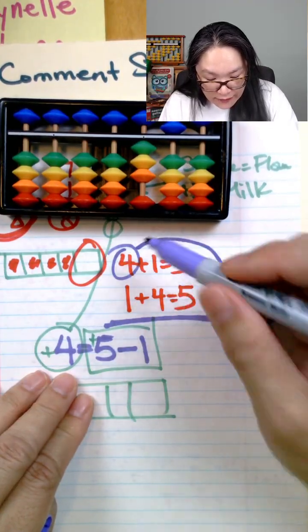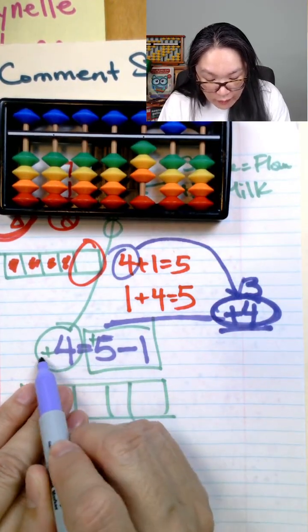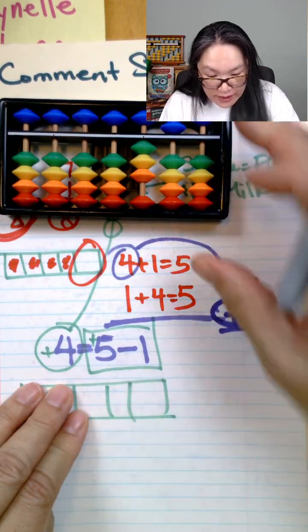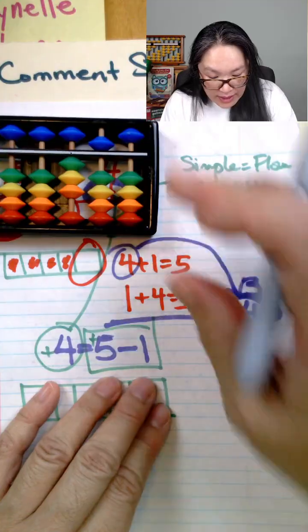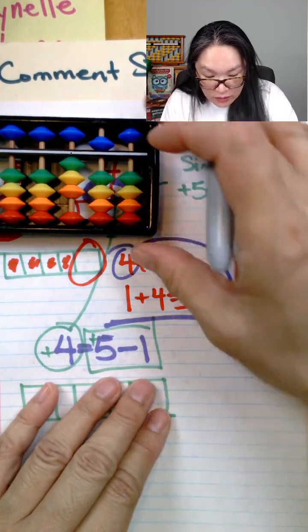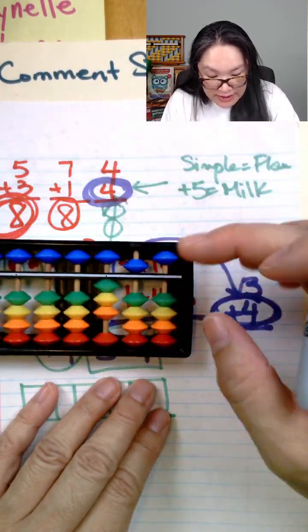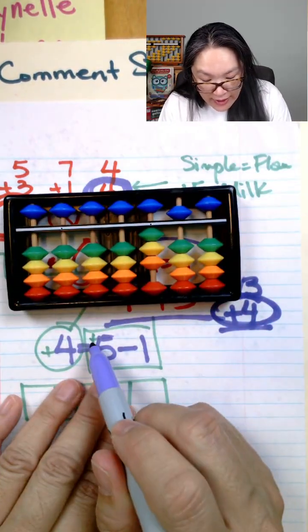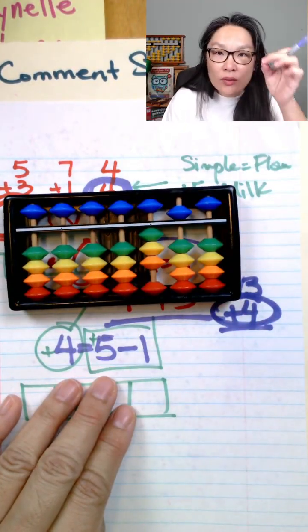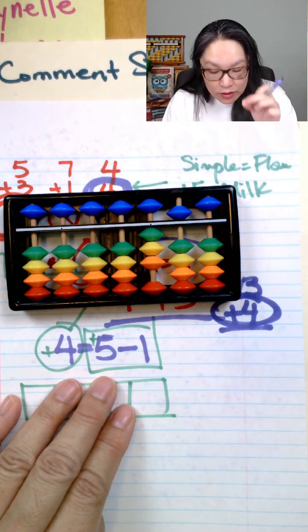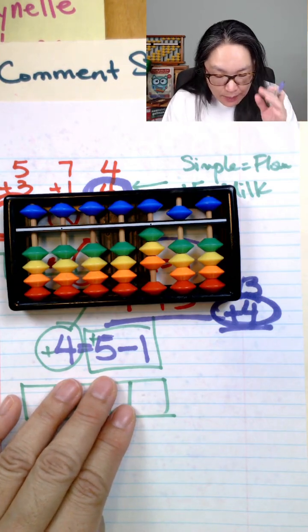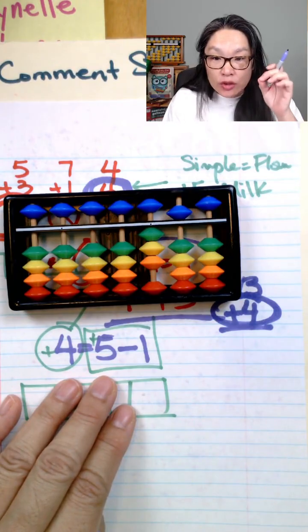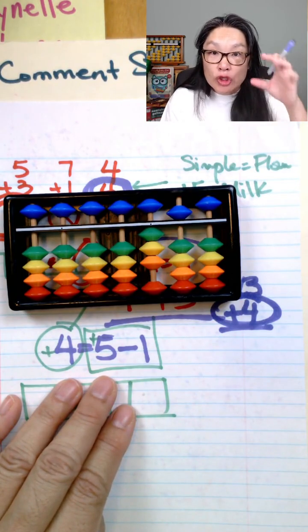When we isolate the variable, we have this equation: plus 4 is equal to plus 5 minus 1. Plus is the operator, and minus 1 is to gently remind what we're doing on the abacus.